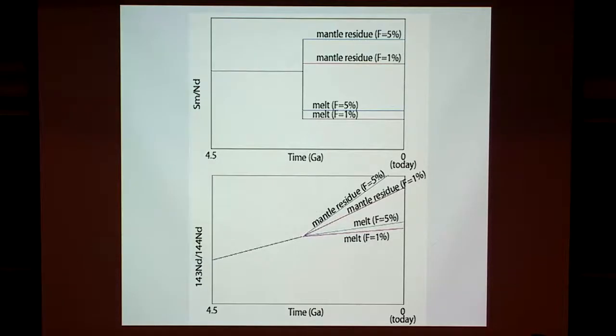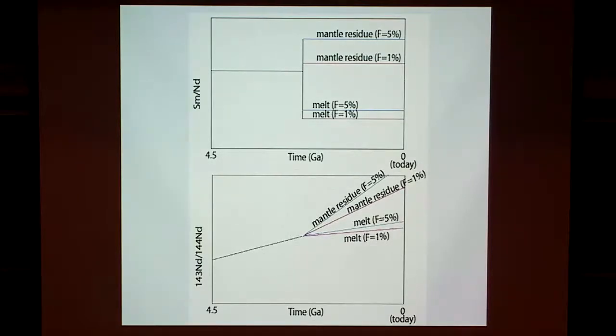Should morbs have higher or lower 143/144? Morbs are modern day melts of a depleted reservoir. That's right.